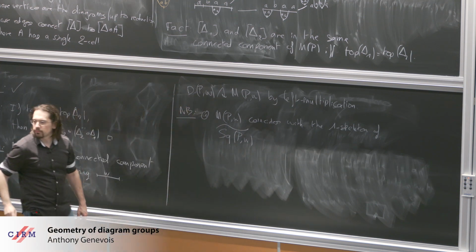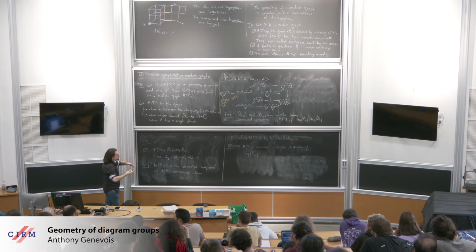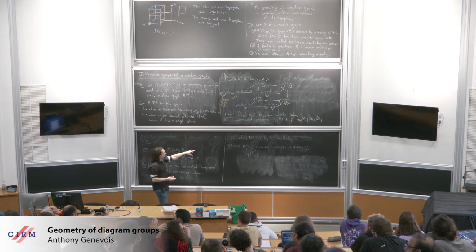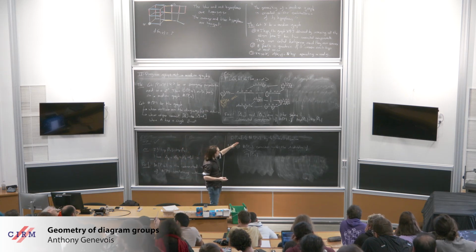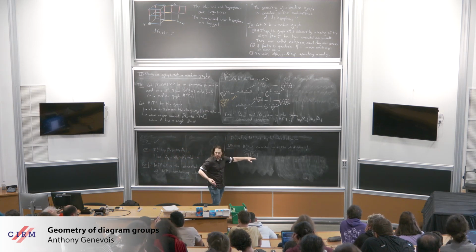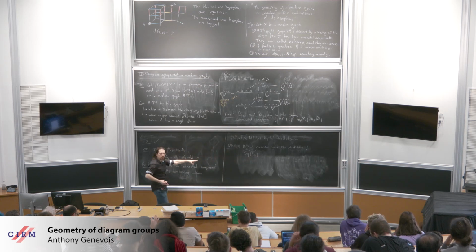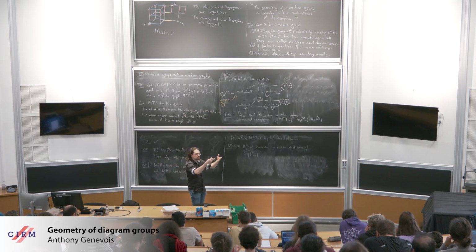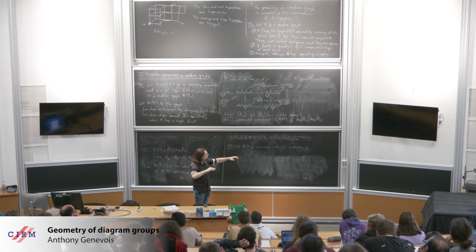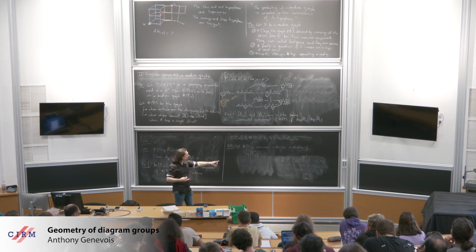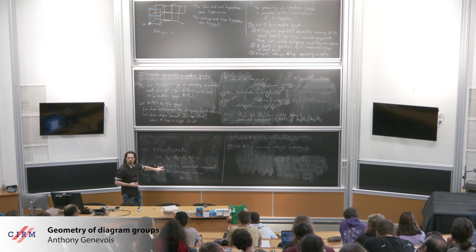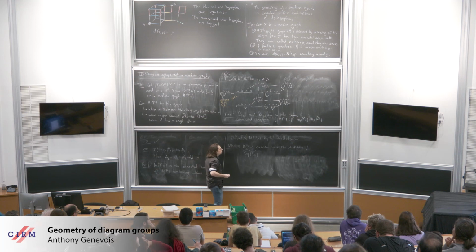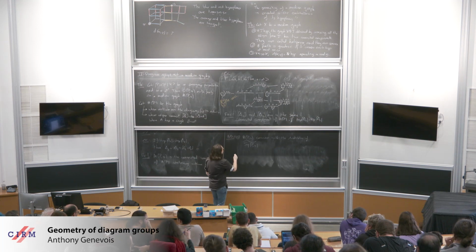So we saw yesterday that dPW is isomorphic to the fundamental group of some square complex. But now if you take this complex, you take the universal cover, and you only keep the one skeleton, you get a graph, and this graph is exactly the same as this one. This is one different point of view.